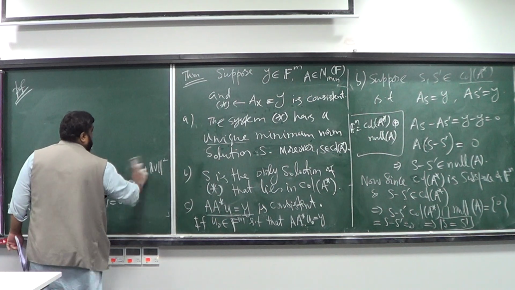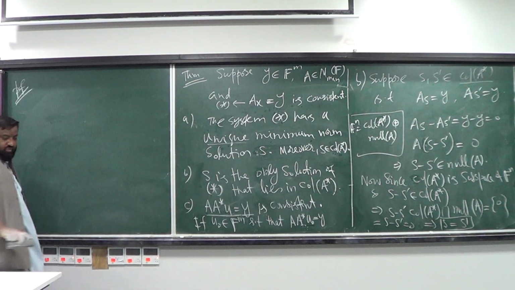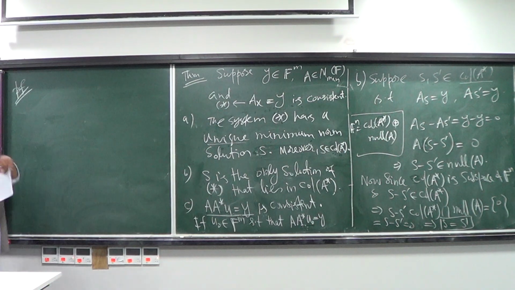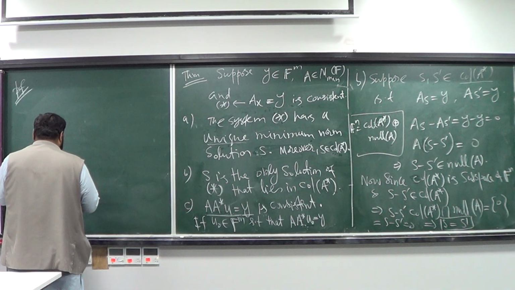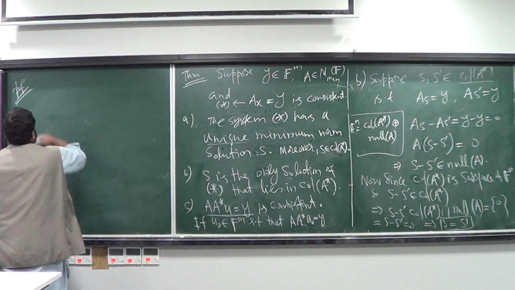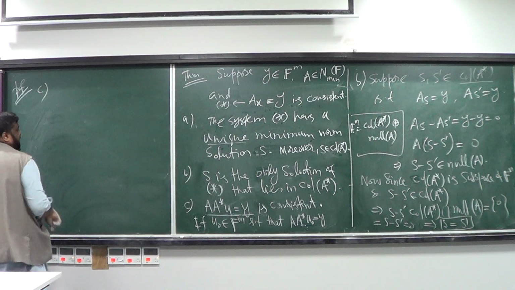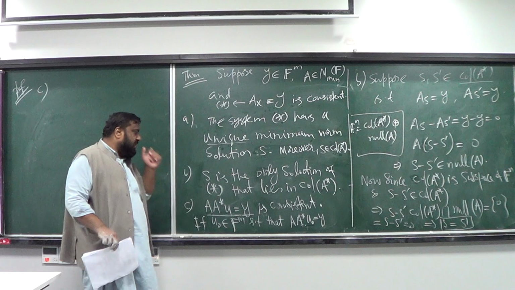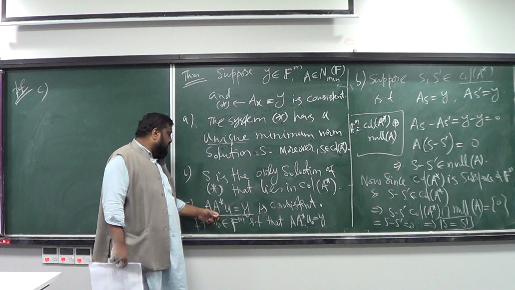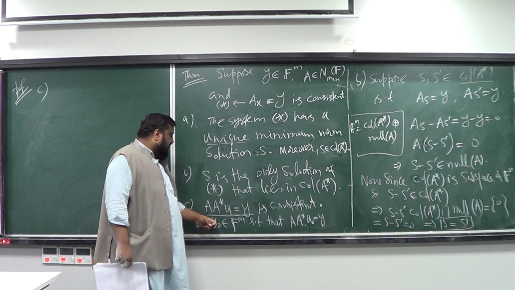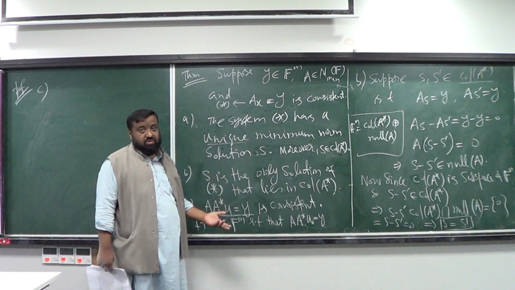Now let's move to part C of it. Part C says this system is consistent, and for any solution that solves this system, if you multiply that solution with A star, you're going to get the minimum norm solution.